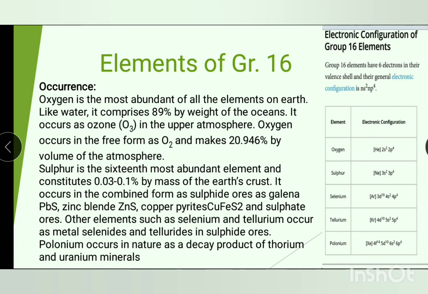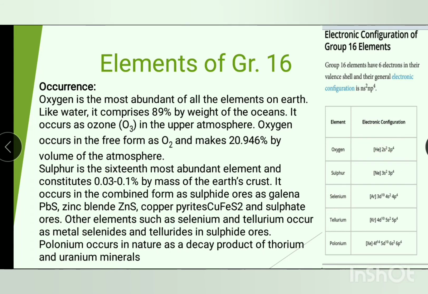The electronic configuration. The general electronic configuration of group 16 elements is ns2 np4. They have 6 electrons in their valence shell. The electronic configurations of these elements are given in the chart. Oxygen: helium 2s2 2p4.